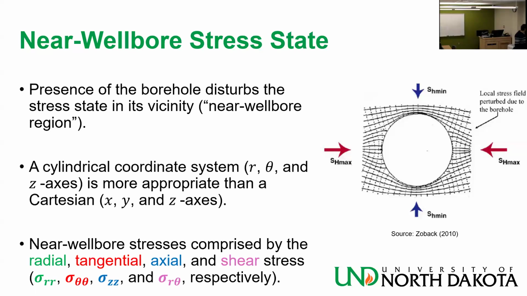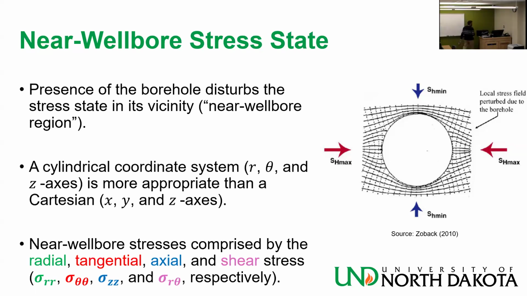Now, those stresses, they have their own equations, and these equations have SV, SH max, SH min inside them, Poisson's ratio, etc. So they do get affected by what stress the Earth applies on it from far away, but they are also affected by what happens inside the well.